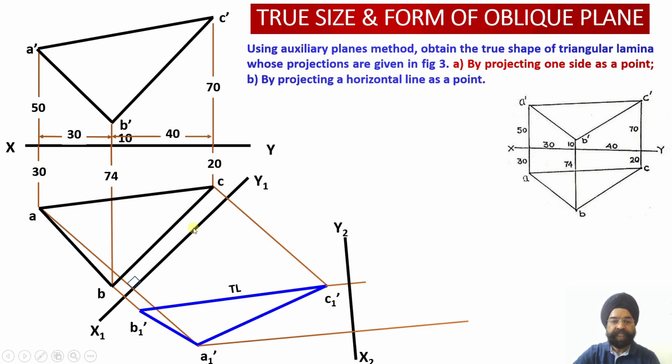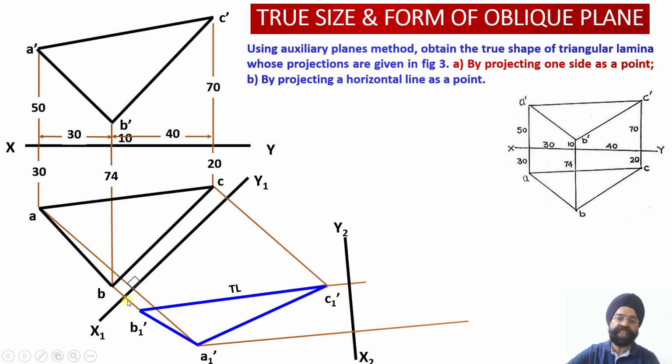Had I drawn this auxiliary plane quite far away from the existing picture, my distances required on this side would have increased. So this is the logic behind keeping minimum distance between the existing figure and the auxiliary plane.